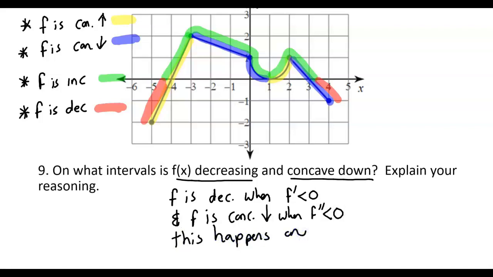This happens on, well, F is decreasing is red, and F is concave down is blue. And so we're looking for blue and red areas, and that would be this guy over here. So we have 3 and 4. There you go. All right, I think that takes care of that one.